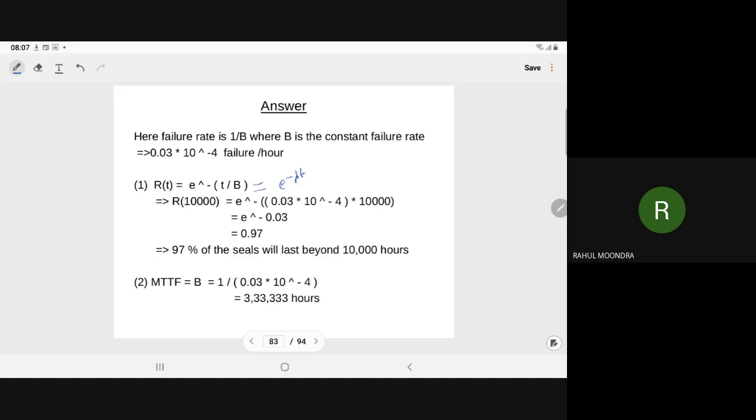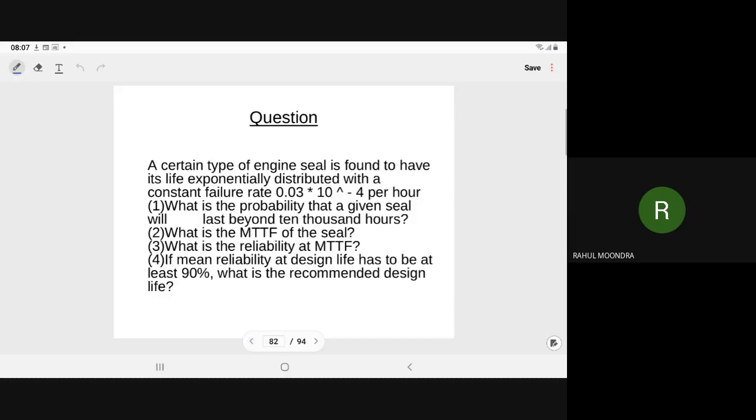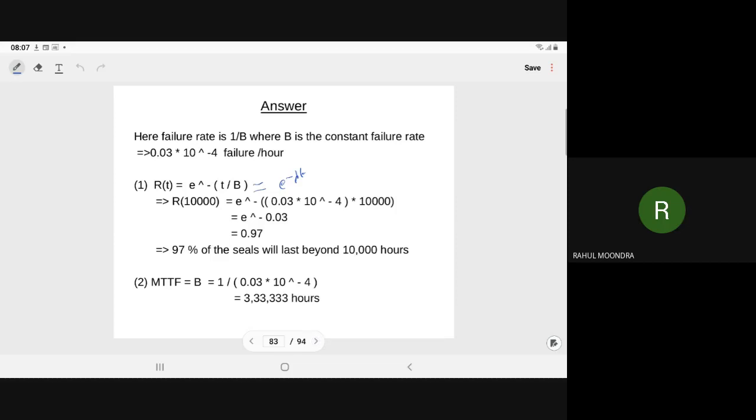So R at t equal to 10,000 becomes e to power minus lambda into t, which is e to power minus 0.03. By computation, its value is 0.97. So 97% of seals will last beyond 10,000 hours. In this way, we can compute the required reliability.